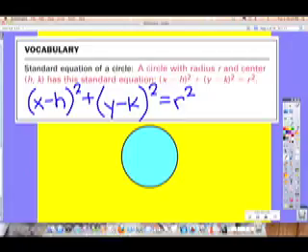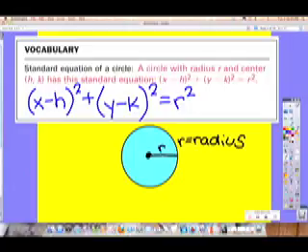Okay, get yourself a circle really quick. And then draw on your radius. So eyeball your center. Here's r. R is the radius. Don't forget to square it. Okay, if you're going to have to use this equation to draw a circle, you're definitely going to need the radius. What else would you have to use? Well, what would you need?